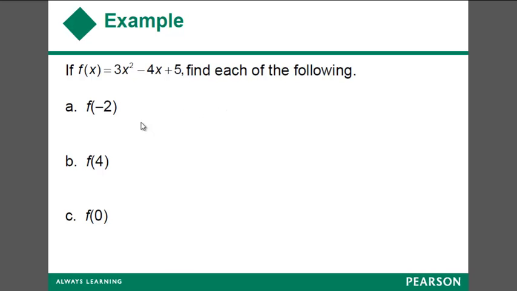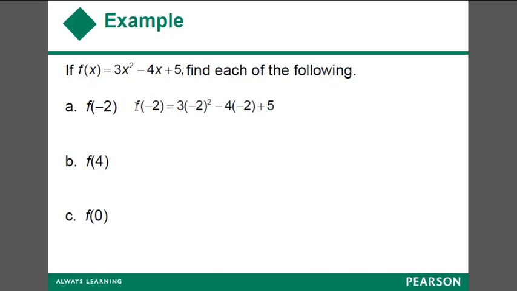So if I look at f of negative 2, what this means is I want to replace all of my x's in my equation with a negative 2. It's important that you get used to rewriting and writing down every step of your problem. That way you're not missing anything and you can see what you're doing.